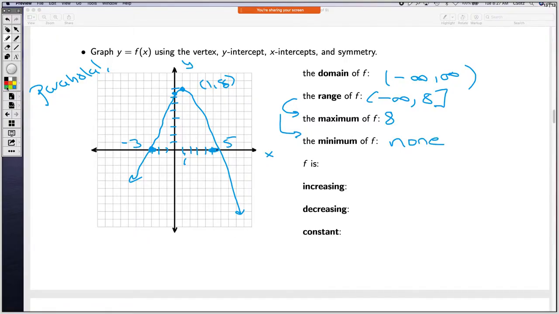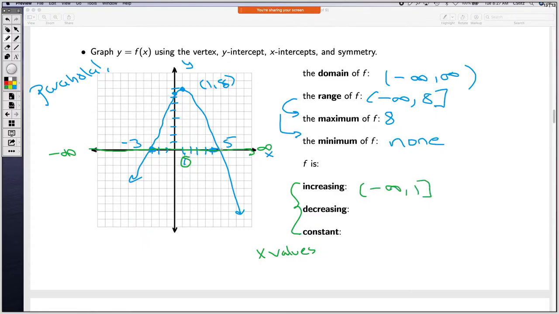And remember, for increasing, decreasing, constant, we're looking at x values here. So if I imagine trudging along the x-axis from negative infinity all the way up to 1, we're heading uphill, so it's increasing.